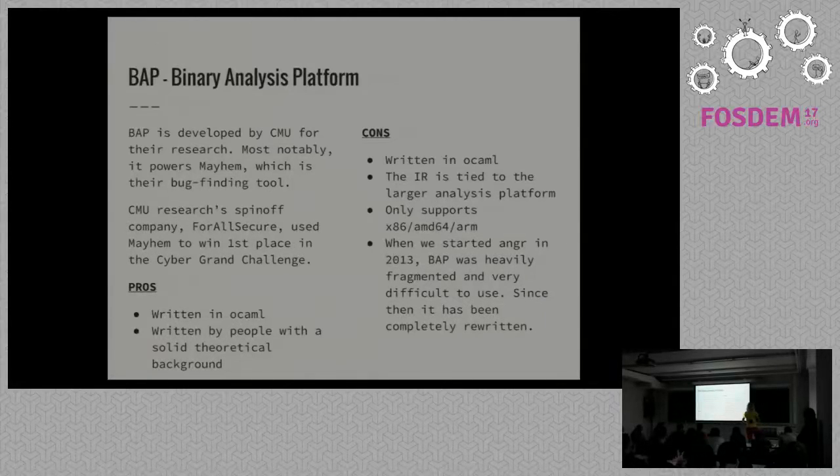Furthermore, it only supports Intel and ARM, and I'm not even sure if it supports ARM64. And when they started angr in 2013, BAP was very heavily fragmented and required a copy of their code base in your tree in order to use. But since then, it has been totally rewritten, so it's a little better now. If you wanted to use it, you wouldn't be totally insane.